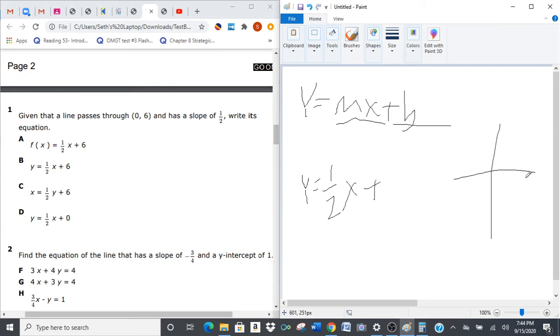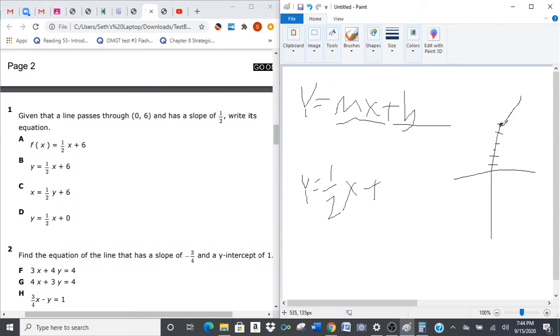So ask yourself, what is (0, 6)? 1, 2, 3, 4, 5, 6. Sorry, it's kind of hard to do this on Paint, but we'll go with it. There's your dot at (0, 6). Is this on the y-intercept?